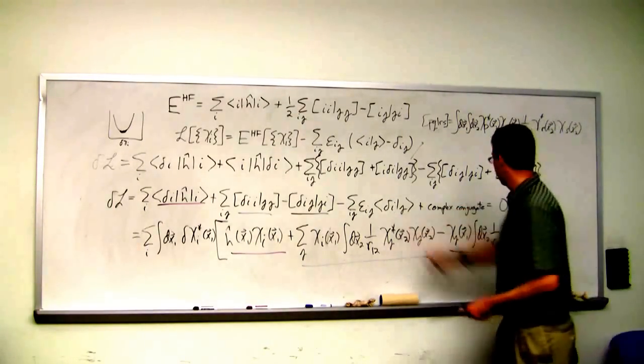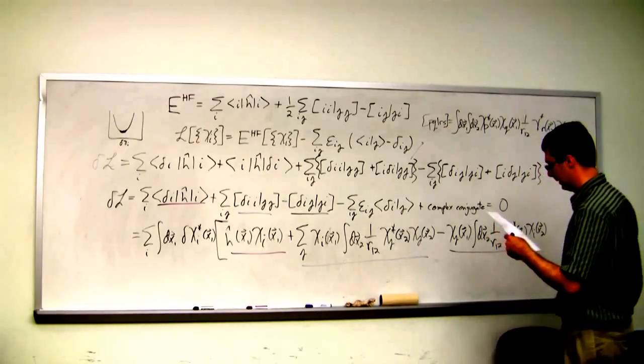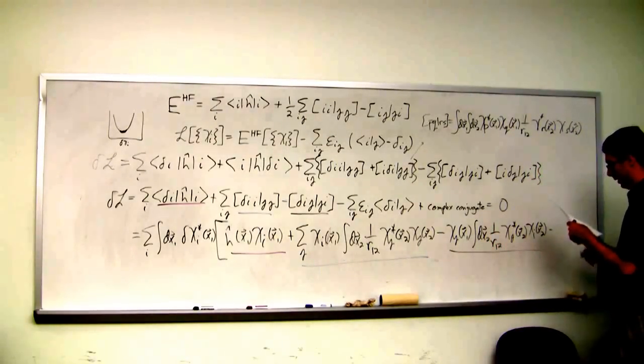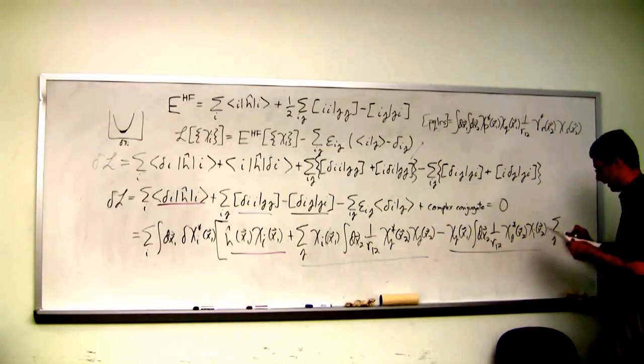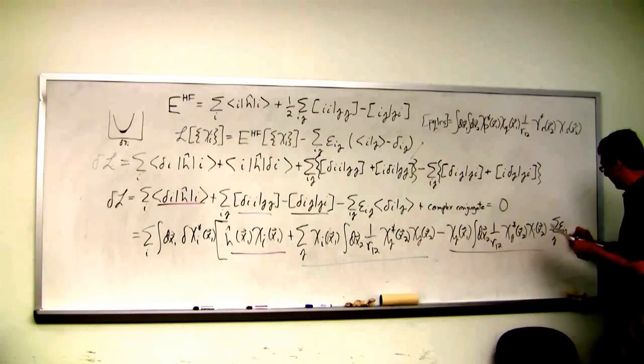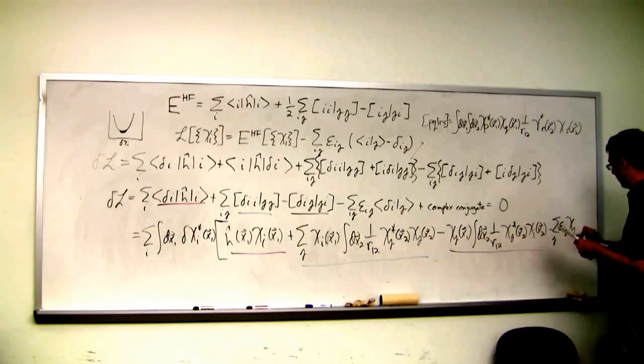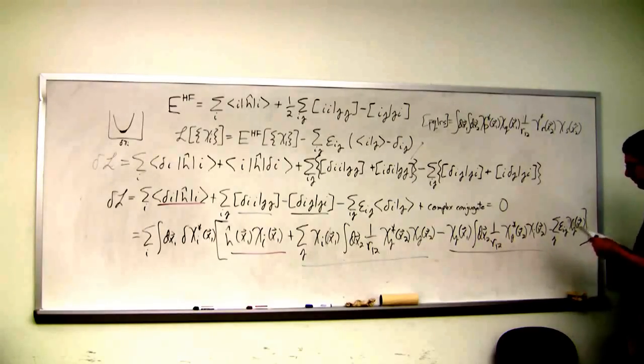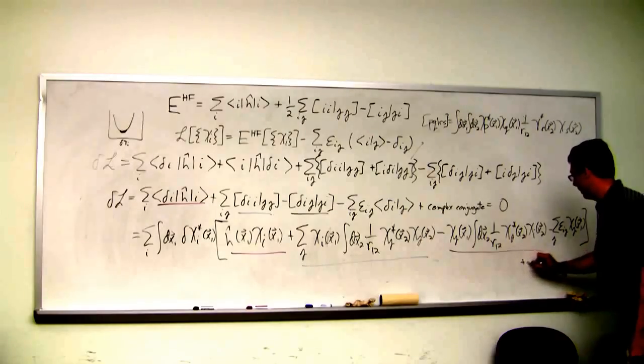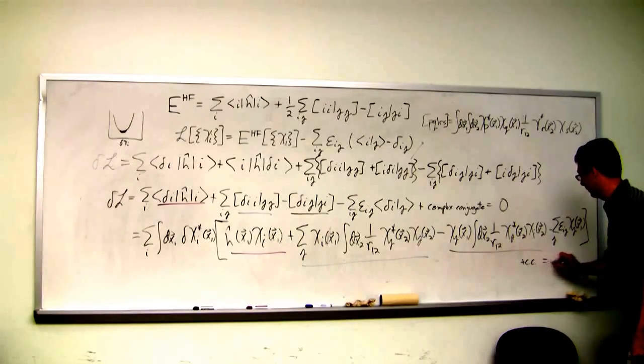I'm left with this epsilon piece. Let me fit that on. Can I squeeze it on into the board here? Minus sum over j, epsilon ij, chi j of x1. Now I'm done with my square bracket. Plus the complex conjugate equals 0.